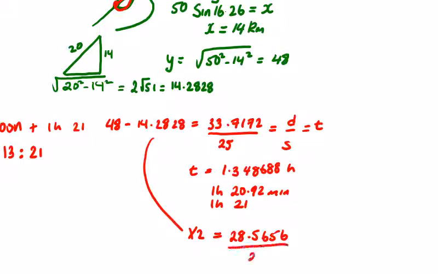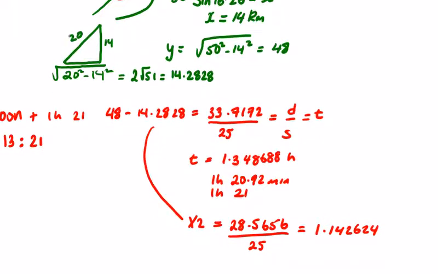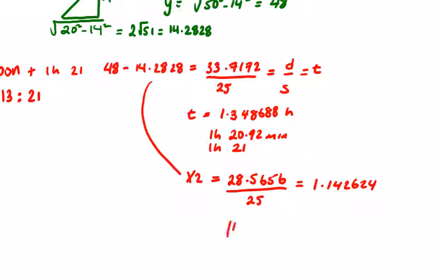And they're going at 25 kilometers an hour. That gives 1.142624 hours. And converting this into hours and minutes, we get 1 hour 8.55 minutes, so 1 hour 9 minutes.